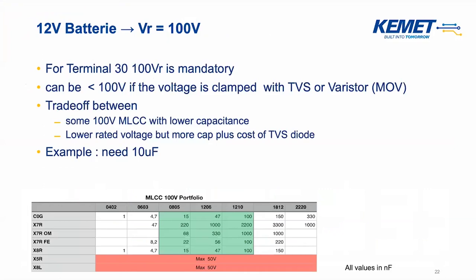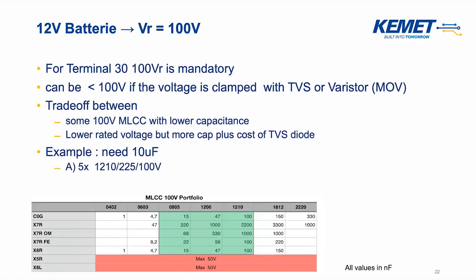We have C0G, X7R, X7R open mode, X7R floating electrode, or X8R, which is also available at 100 volt, but X5R and X8L are out of scope. So all these nice 100 microfarad, 6.3 volt, 1210 pieces are not part of this game anymore.